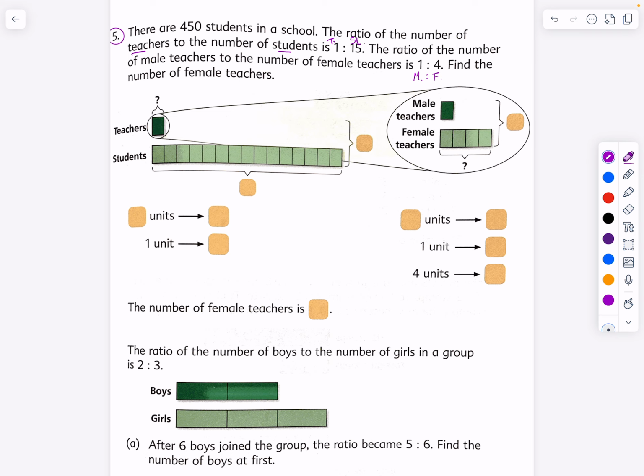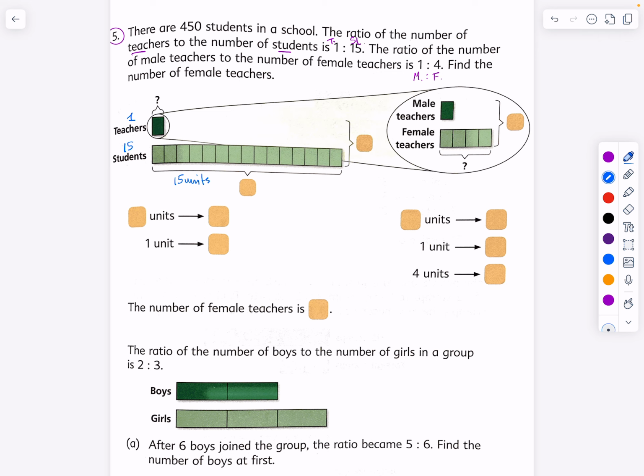Or in the other way around, if we have 150 students, we should have 10 teachers. 1 to 15 ratio. It's a very good ratio. So for each 1 unit of teachers, together we have 15 units of students. 15 units, right? 1 to 15.